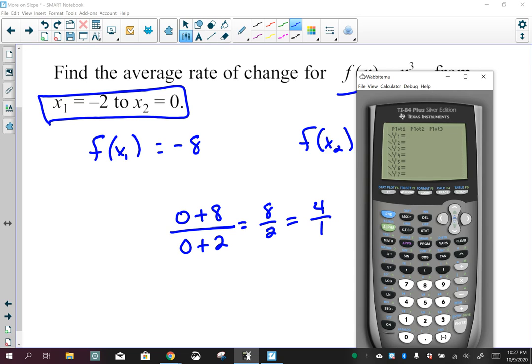If you pull up your calculator and throw this in, we're only going to focus on -3 to 1. And that looks like it to be, okay, let's change this to 2.